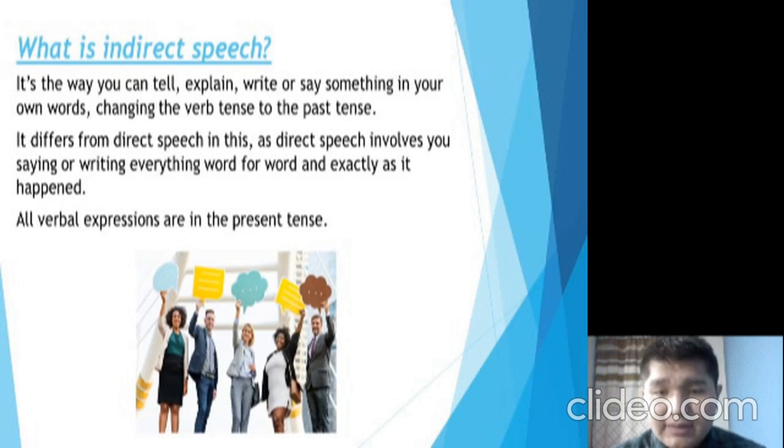It differs from direct speech, in which you say or read everything word for word, just as it happened. All verbal expressions are in the present tense.